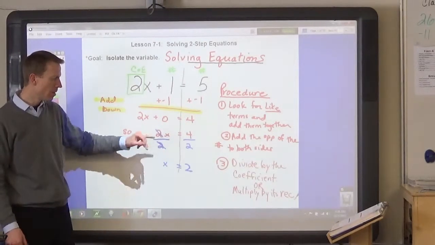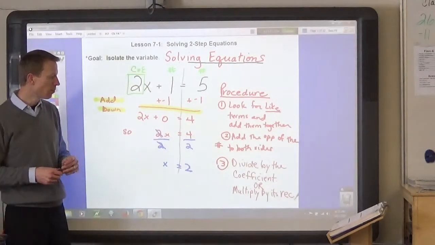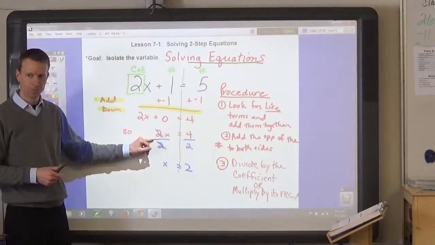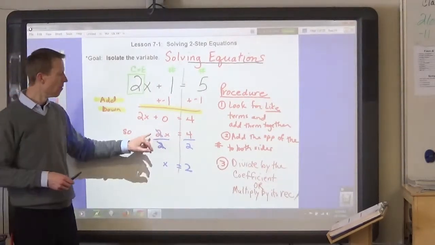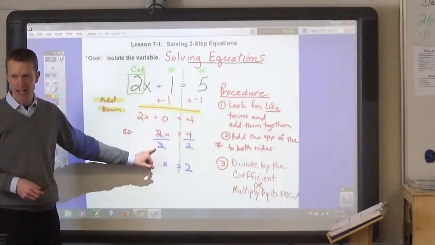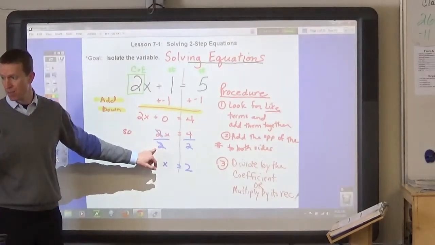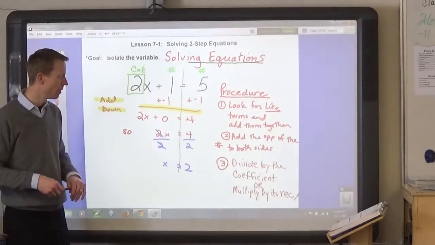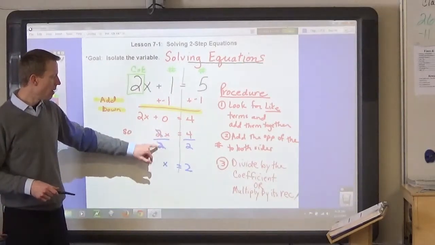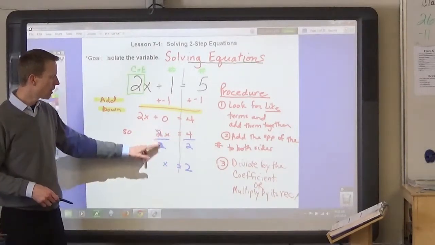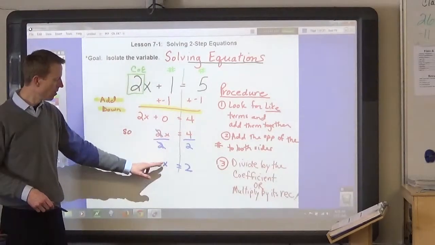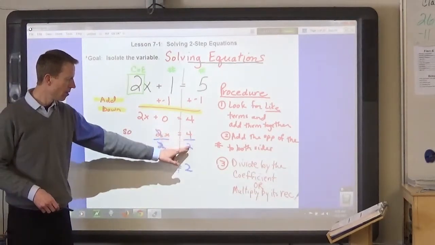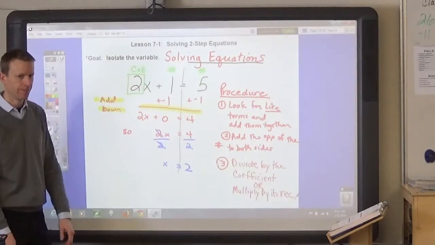But what you're doing is multiplying by its reciprocal. Okay? Multiplying by 1/2 and dividing by 2 is the same thing. We're just going to divide by 2 because it's easier to show. So, divide both sides by 2, cross out these reciprocals, and we leave 1x, and x equals 2.